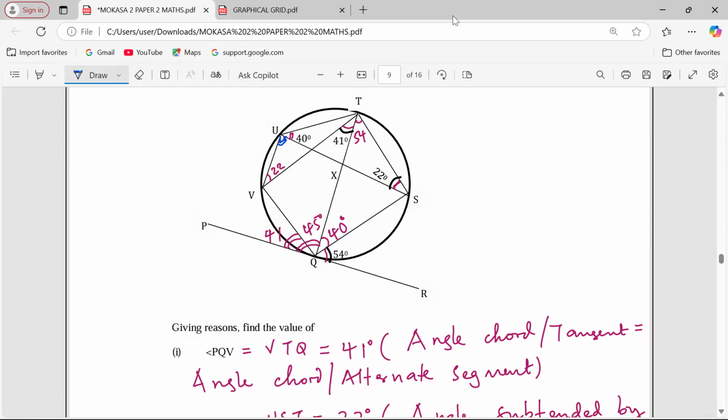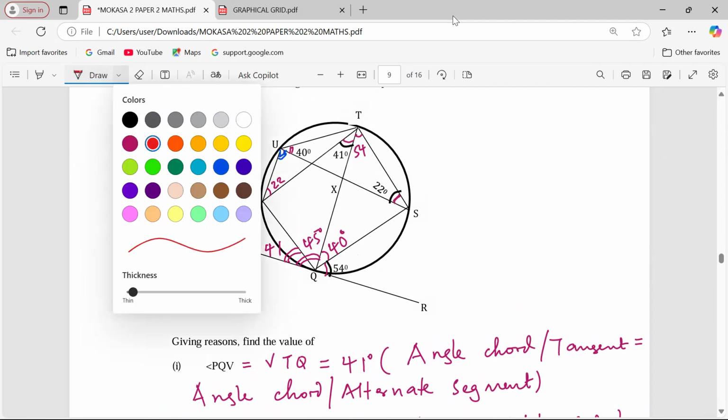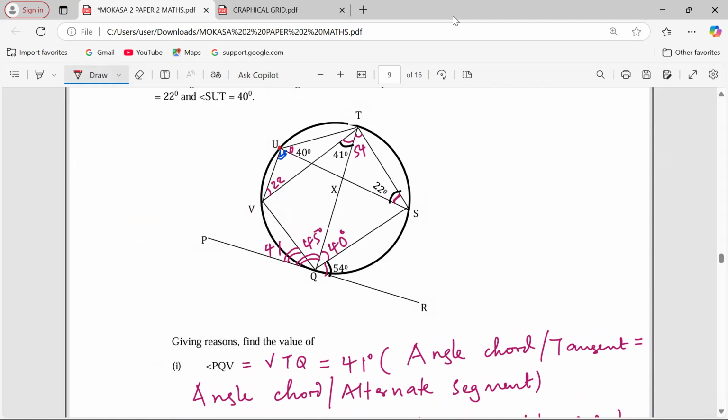So we are supposed to know that SUVQ is what we call a cyclic quadrilateral. That vertex, this one, and this one, they are touching the circumference of the circle. Therefore, SUVQ is a cyclic quadrilateral whereby all the vertices are touching the circumference of the circle.